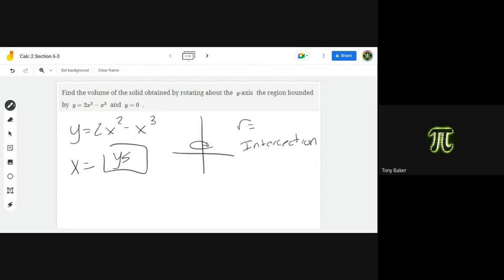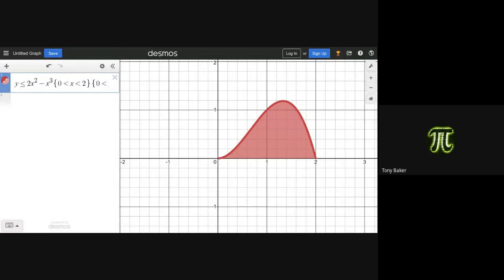All right, so let's look at the graph. So there's my graph.